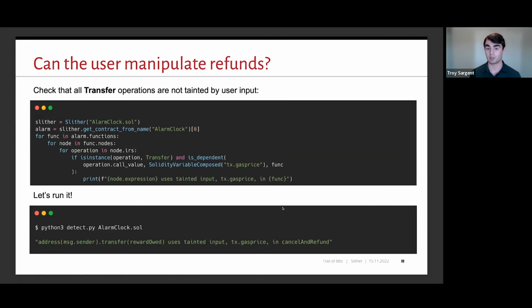And then we're going to use this built-in analysis of Slither about data dependency. And we're going to ask, does the amount, or the operation's call value, does it depend on the user input, which is transaction gas price? And when we run this on our smart contract, what we'll see is when we run this script, it'll raise a warning, an alarm, and say, this operation is using a tainted input in this function.